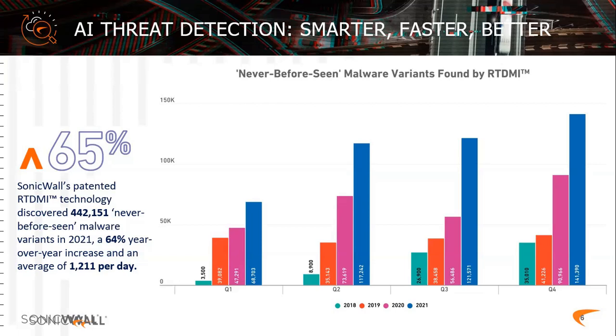By using RTDMI, SonicWall discovered 442,151 never-before-seen malware variants in 2021, a rise of around 65%, an average of 1,211 per day. That is a lot of malware detected by SonicWall's RTDMI technology.